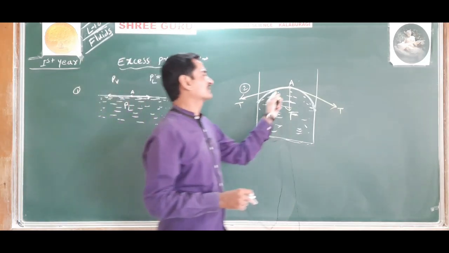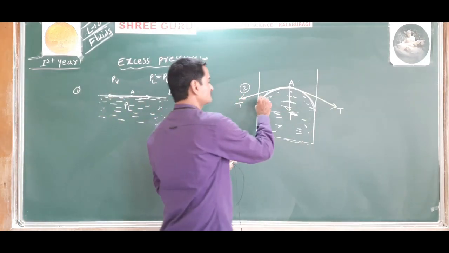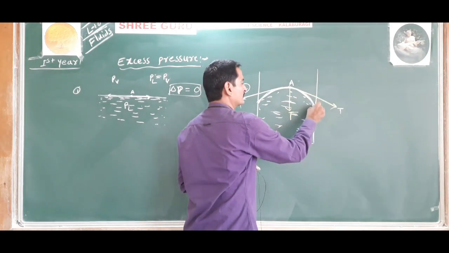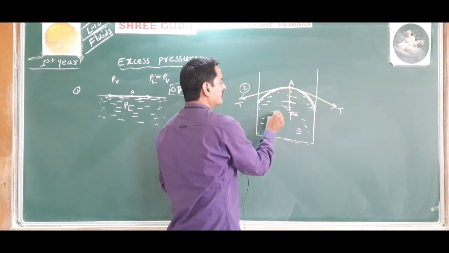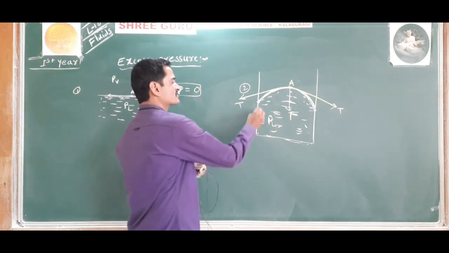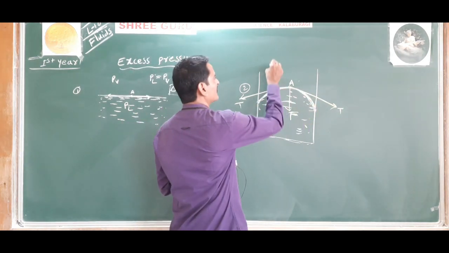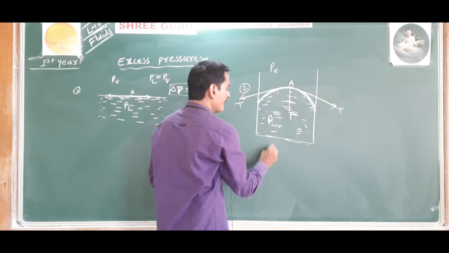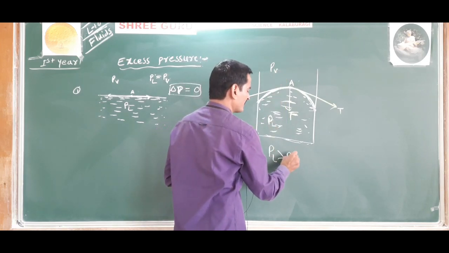Hence, for this surface to be in equilibrium, the pressure on the liquid side of the surface must be greater than the pressure on the vapor side of the surface.